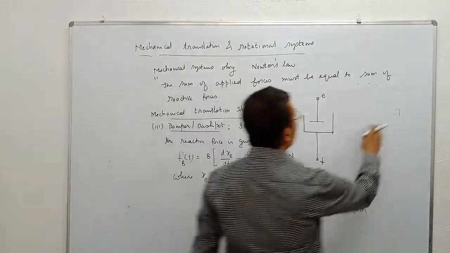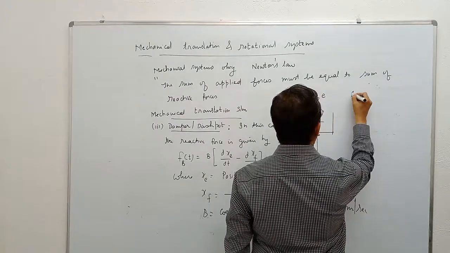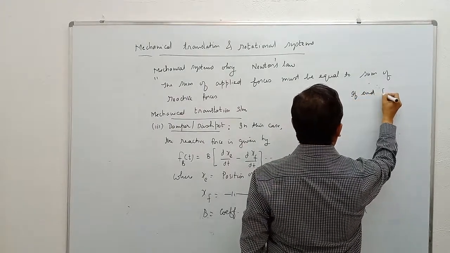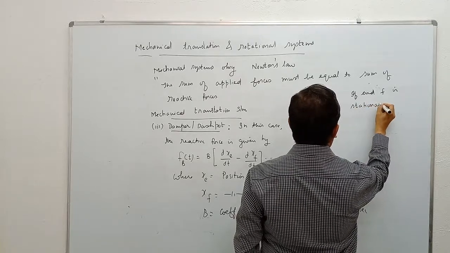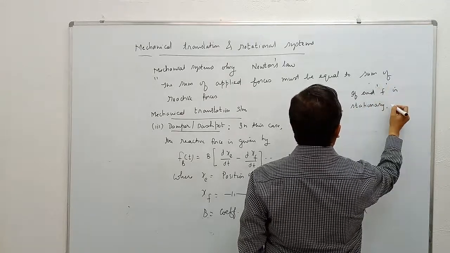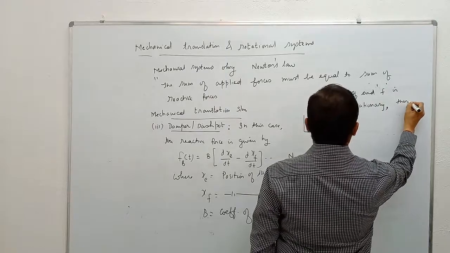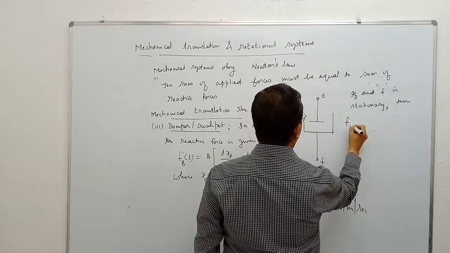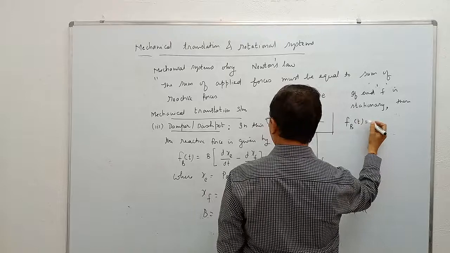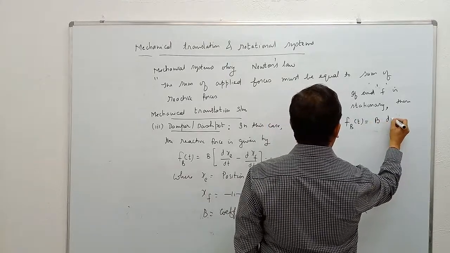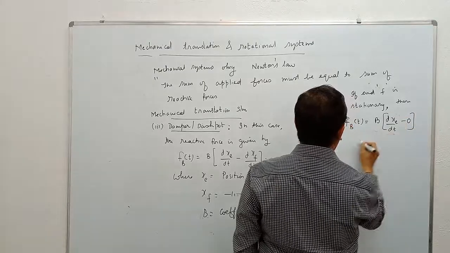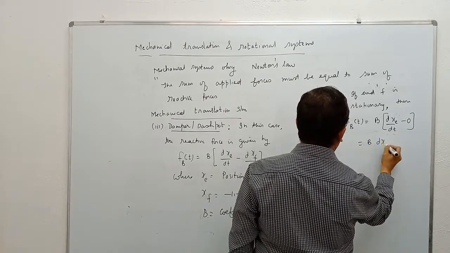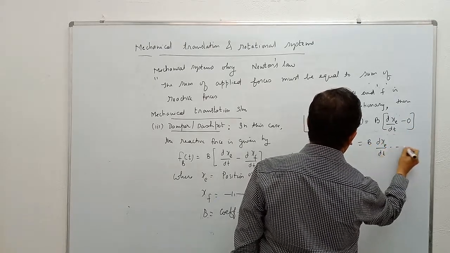I am going to write it here. If end F is stationary, then the reactive force Fb of t is equal to B into dxe by dt minus 0, equals B into dxe by dt, so many newtons.